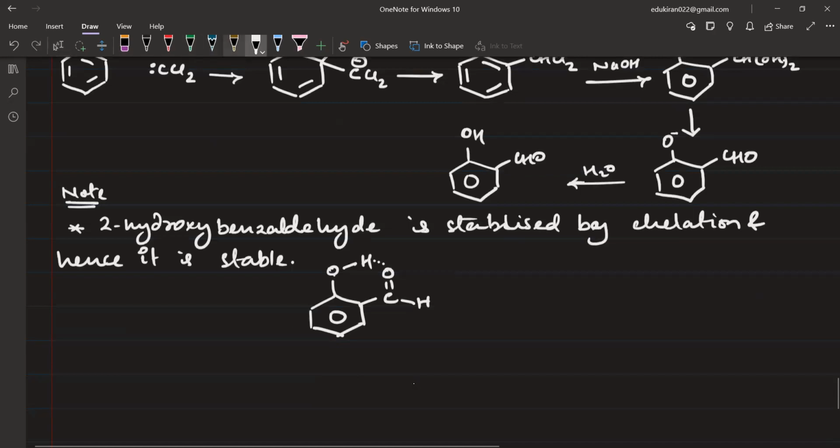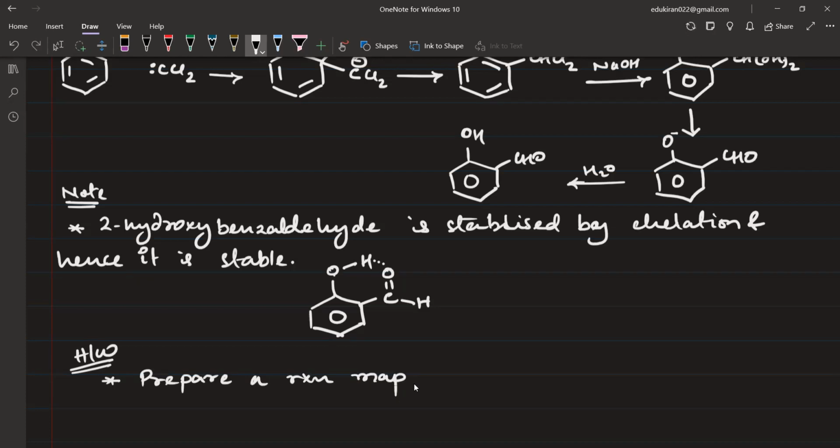Okay. Now for you guys, the homework will be: we have done all the reactions of alcohol, all the reactions of phenol. So your homework will be to prepare a reaction map for alcohols and prepare a reaction map for phenols.